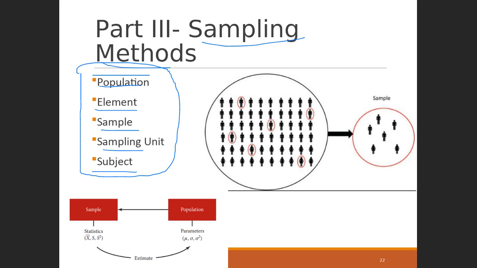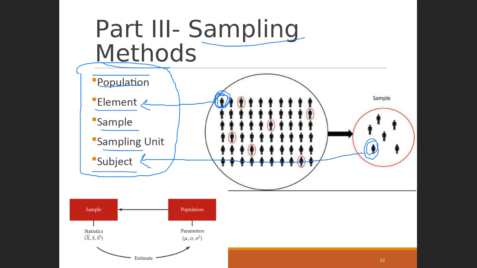So when we talk about sample, a single member of the population is called an element, and a single member of the sample is called a subject.